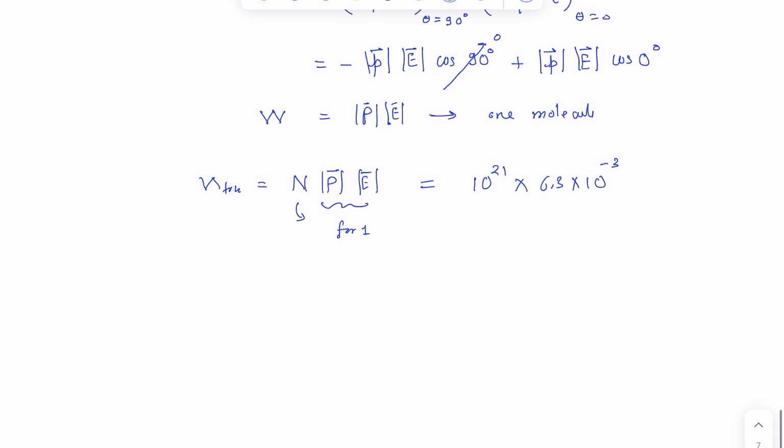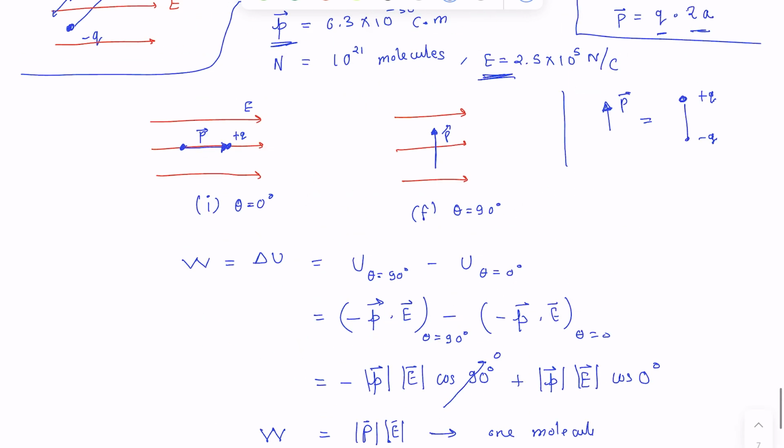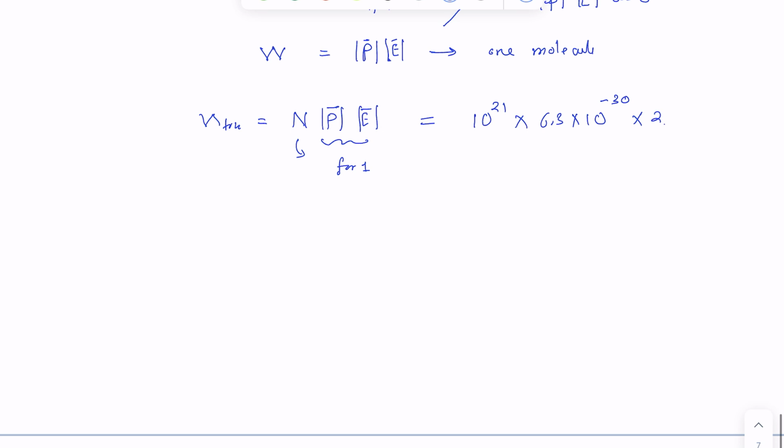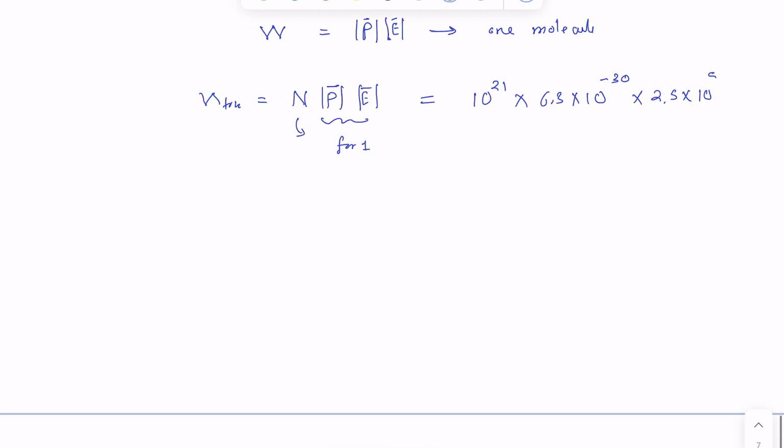Make sure that everything is in SI. And E is 2.5 times 10 to the 5. And if you do the numbers, you'll get not net, but this is total. So the total is equal to 1.6 times 10 to the power minus 5 joules. That's your final answer.